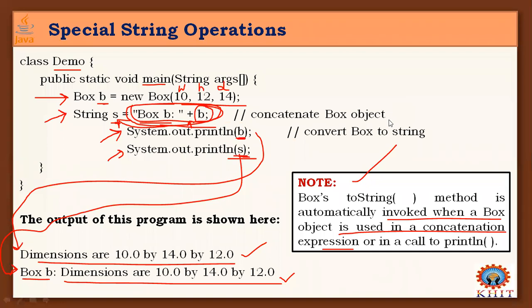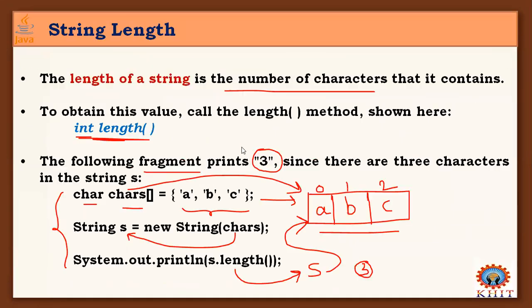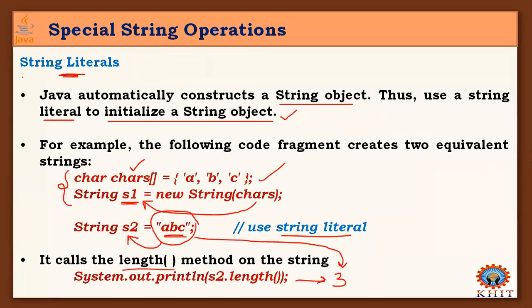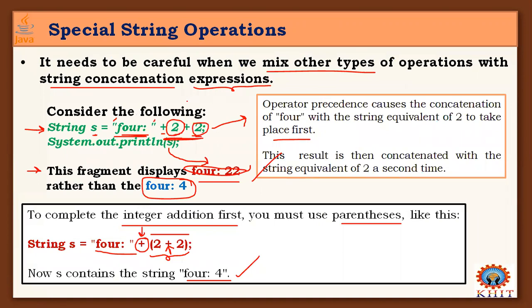We covered today in this video the length method to find the length of a string, and three more important special operations on strings: string literals and how they can be used, and string concatenation with other data types and sometimes expressions.